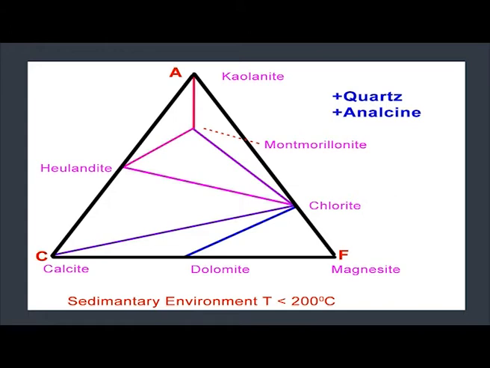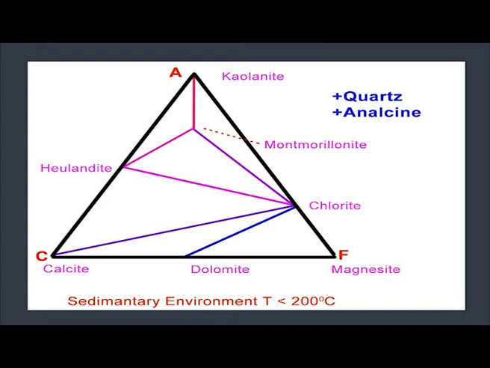From C to F is calcite, dolomite, magnesite, and from the tie line between A to F is kaolinite, chlorite, magnesite. If we look within the diagram, we can find montmorillonite. This is the initial ACF diagram for a purely sedimentary environment when temperature is less than 200 degrees centigrade.